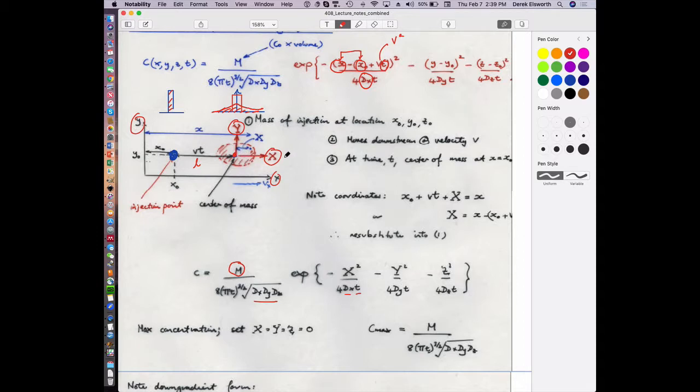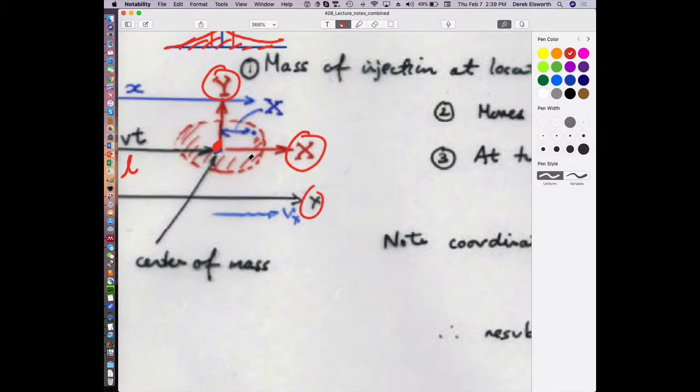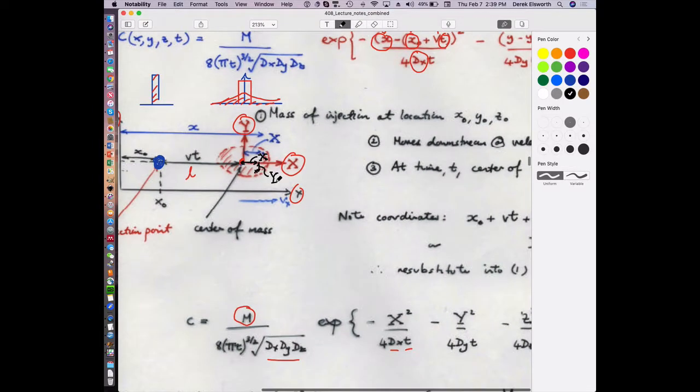So in other words, if you at time t are interested in finding out what the concentration is at this particular spot here, then its uppercase X coordinate would be this, and its uppercase Y coordinate would be this. Nothing more than that.